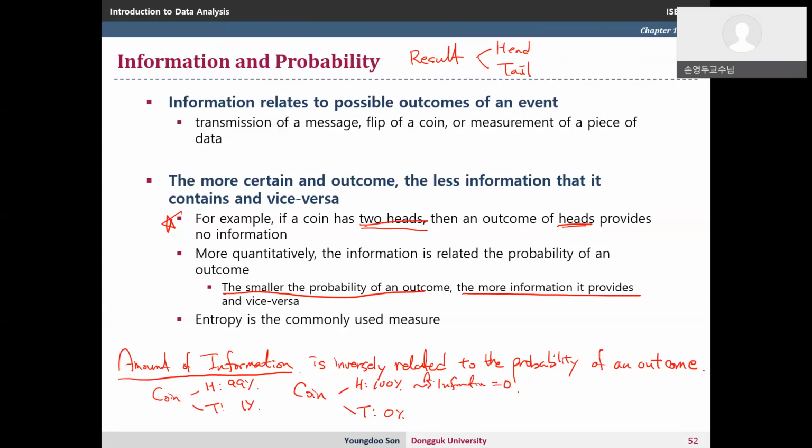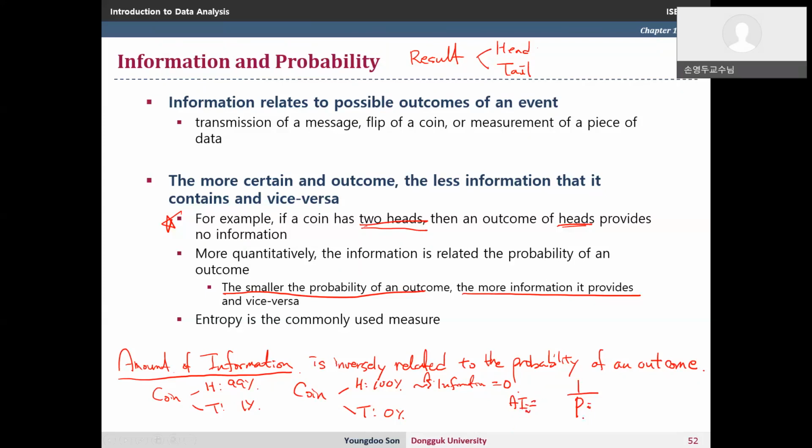So we define the information function like this. Because the amount of information is inversely related to the probability of an outcome, let's say the amount of information from outcome i is 1 over pi.